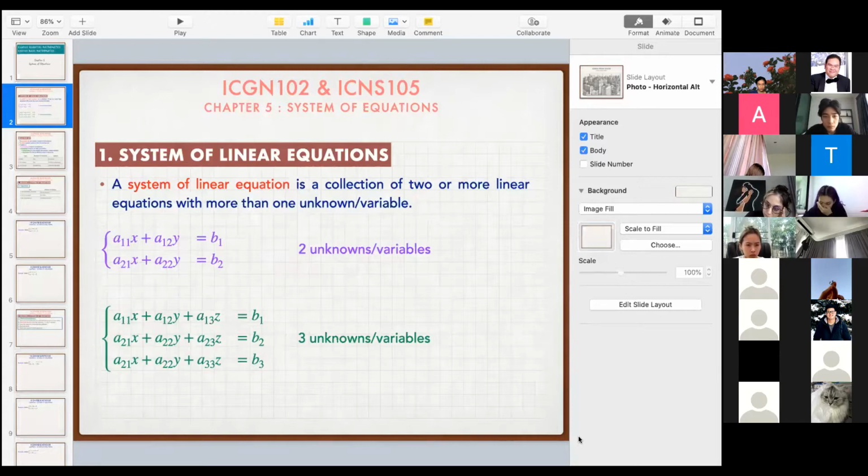In this example, you can see that in this system of equations, a11x plus a12y equals b1 is one equation, and the other equation is a21x plus a22y equals b2. A11, A12, A21 and A22 are constants.